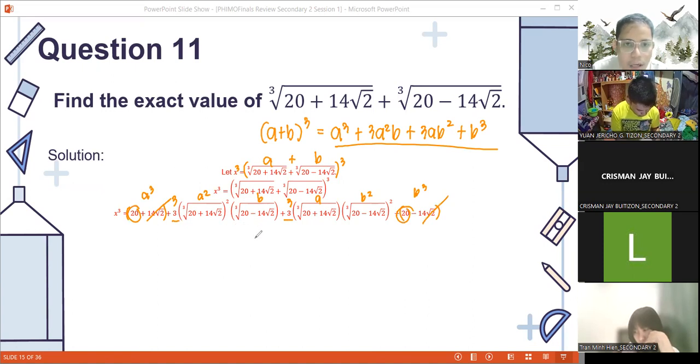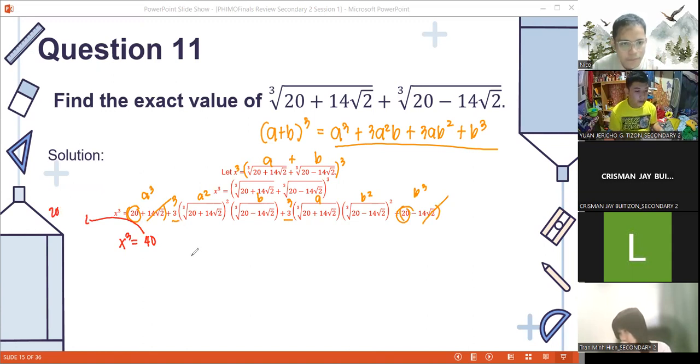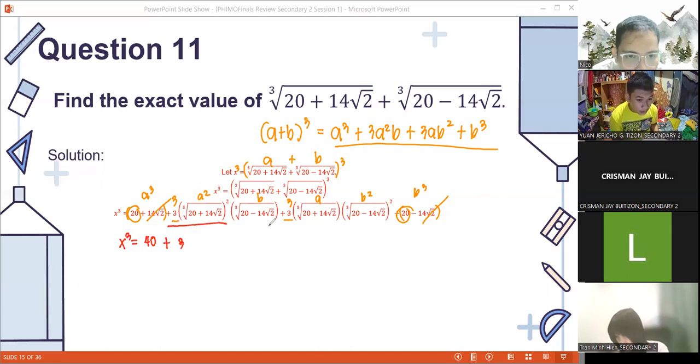So we can factor out, and this becomes x cubed is equal to 40. Again, the 40 here is 20 plus 20, don't forget. And then you can factor out 3 in here. Then you can factor out the whole thing except for this one.